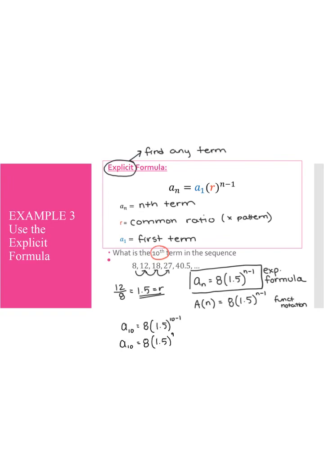I would highly recommend just plugging that straight into your calculator the way you see it. But if you're going to do it step by step, remember order of operations says to do 1.5 to the 9th and then multiply that by 8. When I type that into my calculator, I get 307.55, which doesn't make sense to get a decimal since there were decimals up in my original sequence.